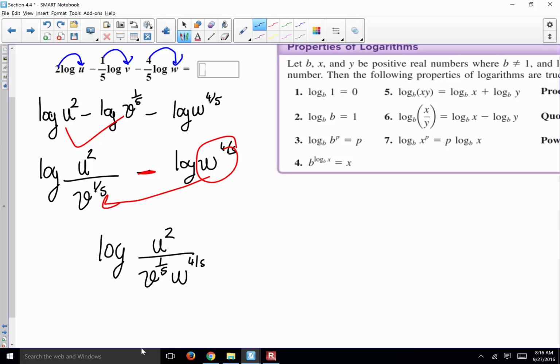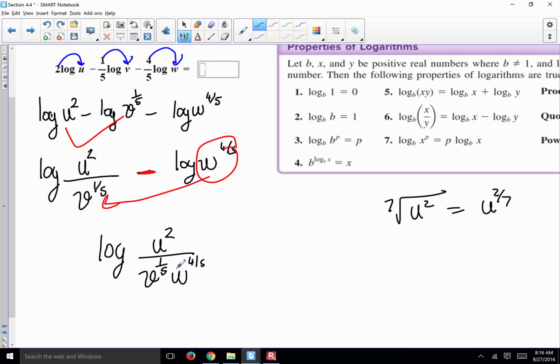There is one more move you can do. Remember what I told you about rational powers? If you have the 7th root of u to the 2, it's u to the 2 over 7. In the same way, you can turn this rational power back into a radical.